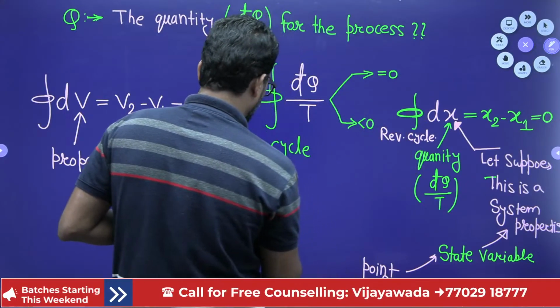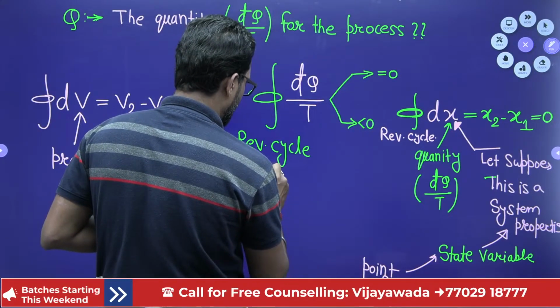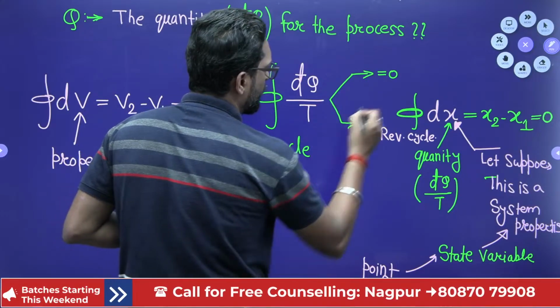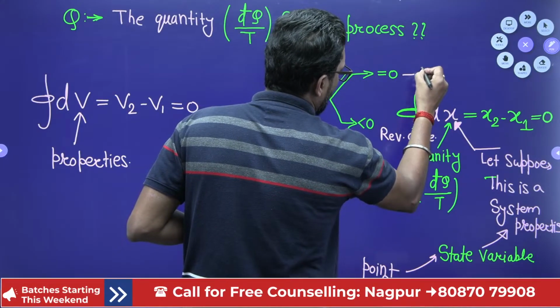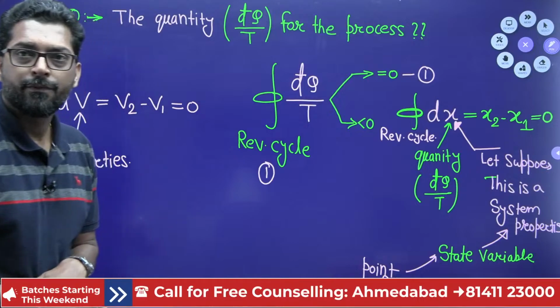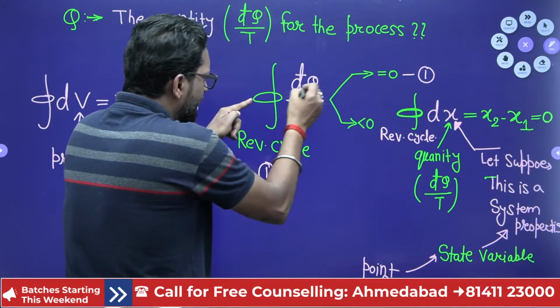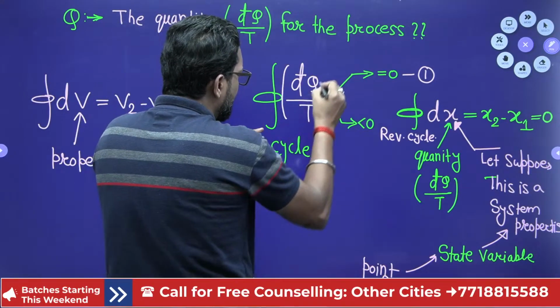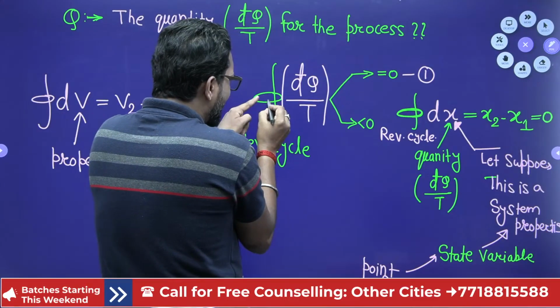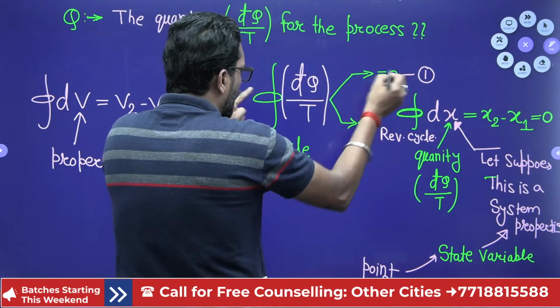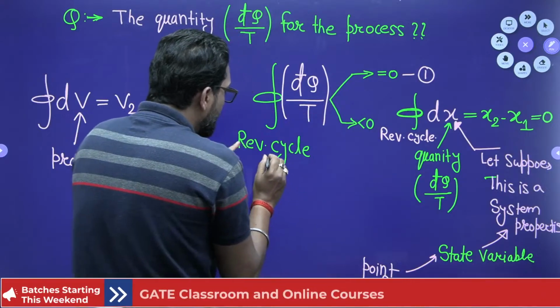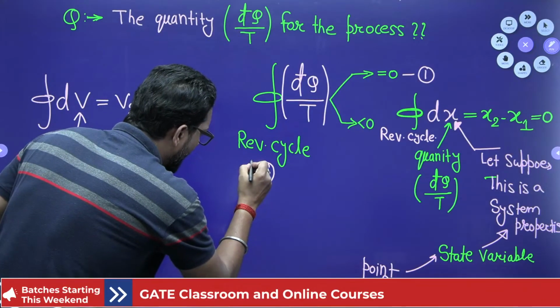Okay, so let's suppose this is 1. Now, when this quantity during a cyclic process is 0, the cycle is reversible.